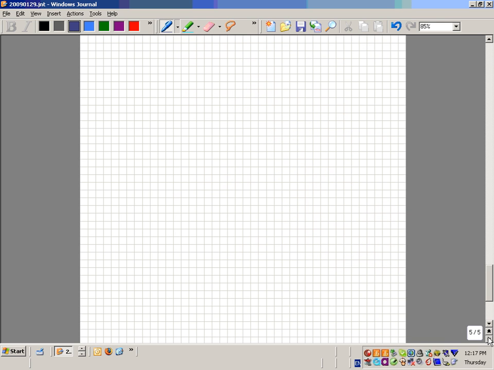So max 7-inch tubing. That means the inner diameter is 6 inches, times 25.4 millimeters per inch.